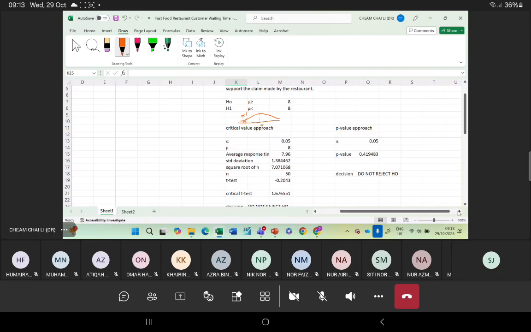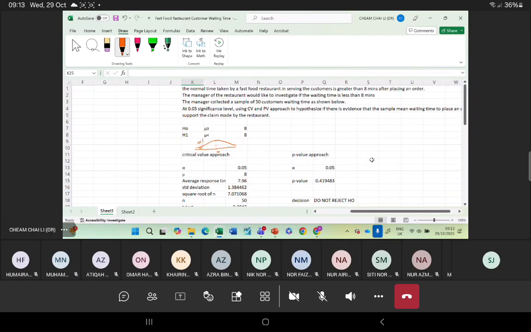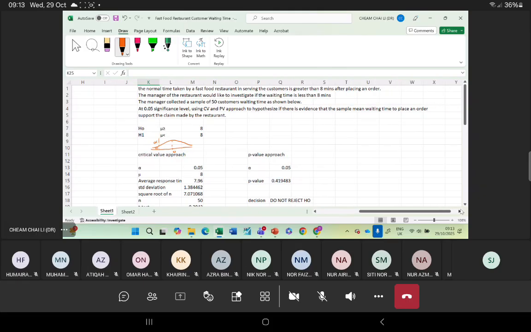What if, let me give an example, we ignore this scenario. If you have this, right? Your null hypothesis mu is equal to 8. Alternative hypothesis mu is not equal to 8. So now you have two tails in the distribution, a dual tail, right? It is alpha divided by 2, alpha divided by 2.